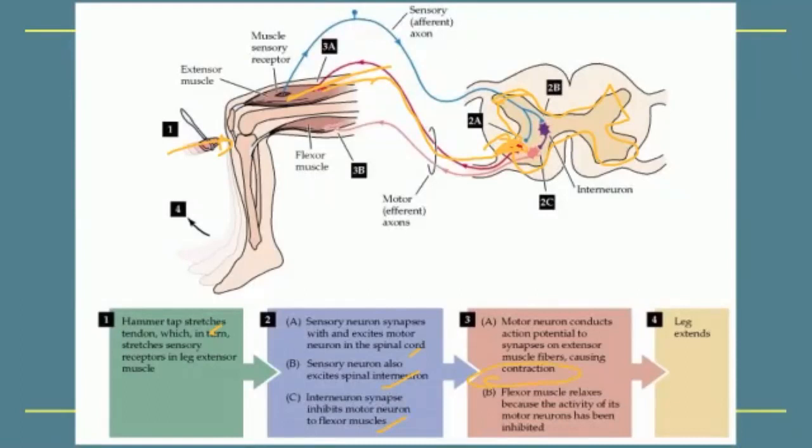Flexor muscles relax because the activity of its motor neuron has been inhibited. Leg extends. So the immediate extension of the leg is called knee jerk. Knee jerk is important because it tests the integrity of L3 and L4.